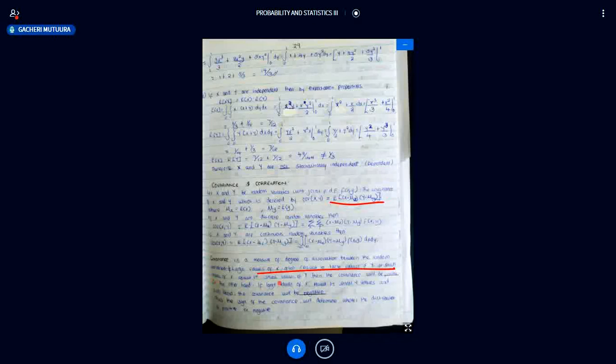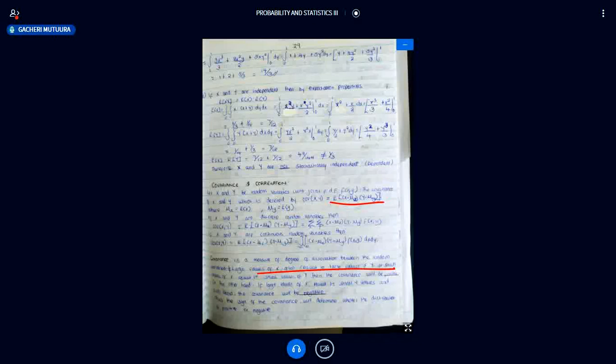If the covariance is negative, on the other hand, then for small values of y, we experience big values of x and vice versa. So it behaves in the same manner as the correlation coefficient.